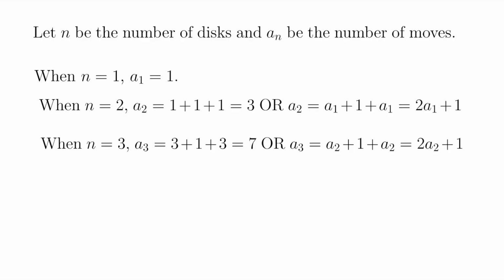So we're going to let n be the number of discs and a_n be the number of moves. We've seen that with 1 disc it only takes 1 move, so n is 1, a_n is 1. With 2 discs, we have 3 moves. We moved the top one once, the bottom one once, and then one more.